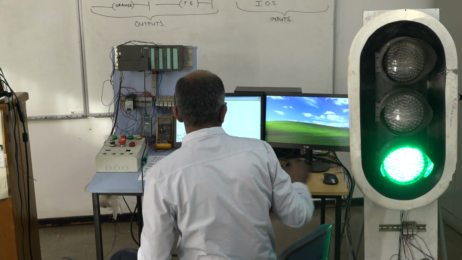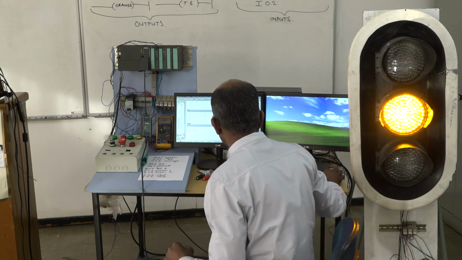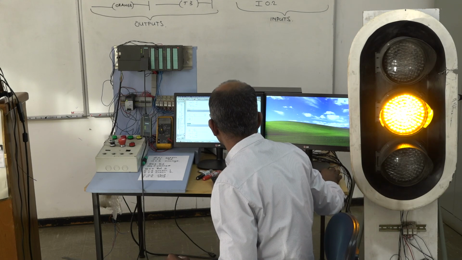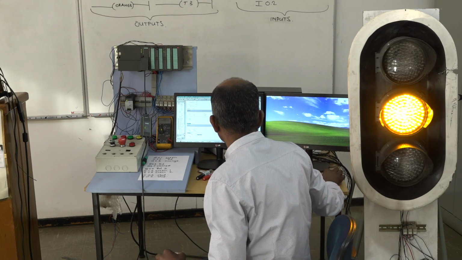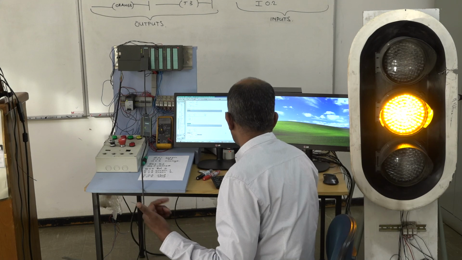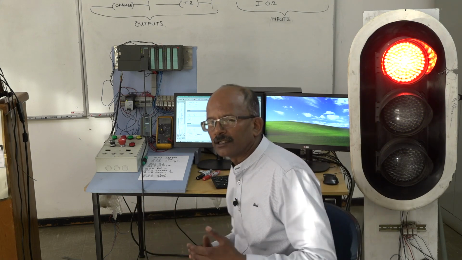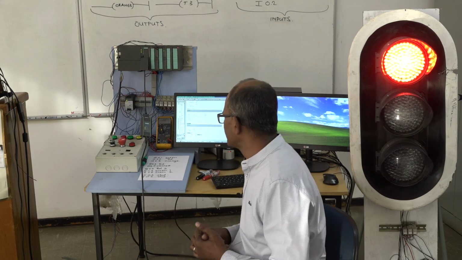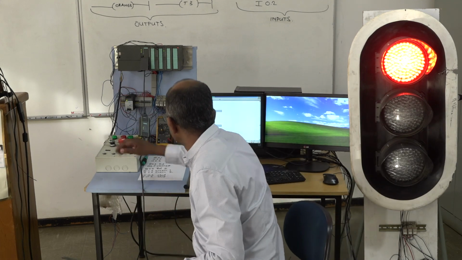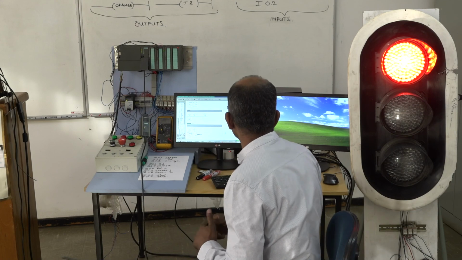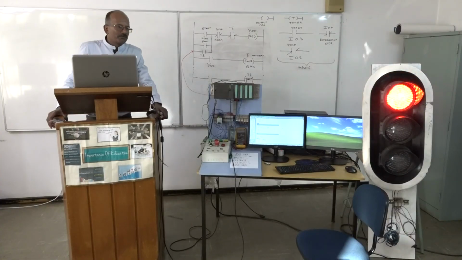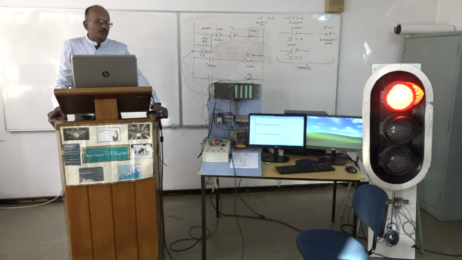And it should be timing. Okay, I can watch T3 timing. 3, 2, 1, 0. And the red light turns on again. So the sequence will now repeat itself, unless I, of course, press the stop button, or the emergency stop.